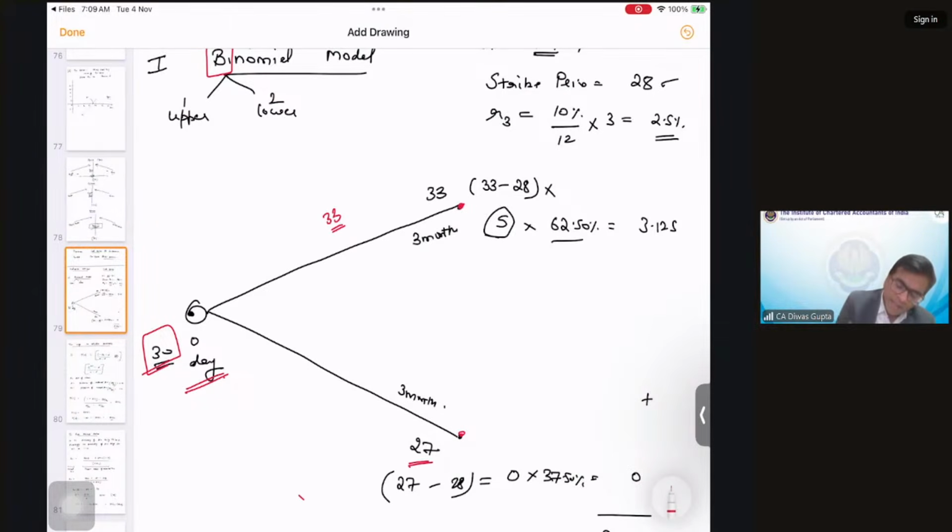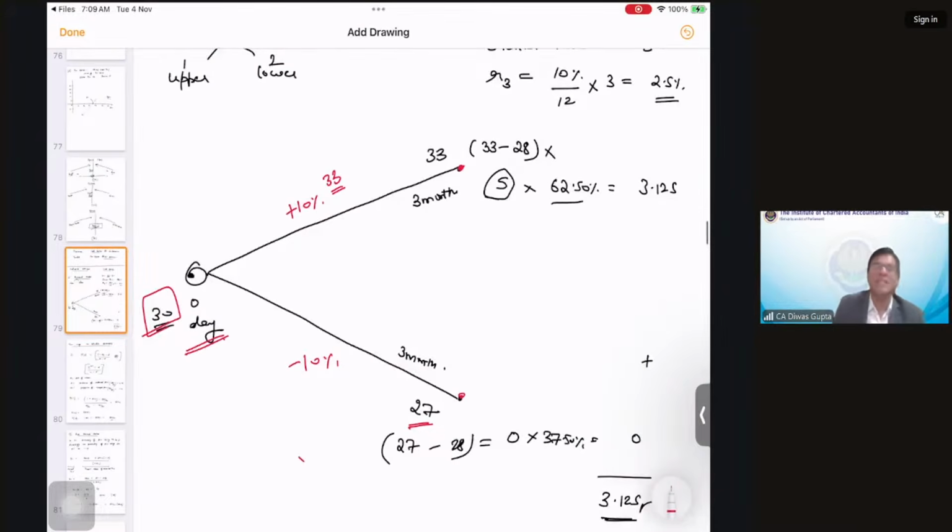So here the price is increasing by 10%, here the price is decreasing by 10%. Correct? This is going to be an outcome after some time, which in this case was 3 months from now.